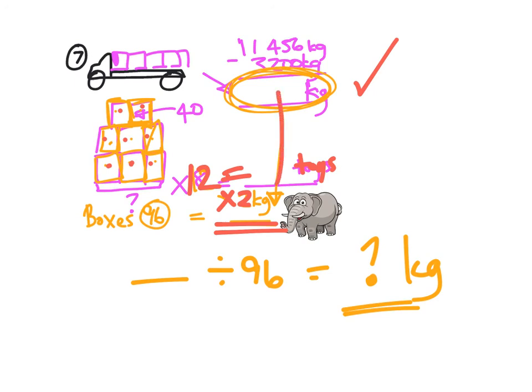Take that away from this number and you'll get the weight of the boxes. You know there's 96 boxes on the lorry, so if you divide that number by 96, then that will tell you the weight of one box. Okay, a bit tricky, but hopefully good for you.